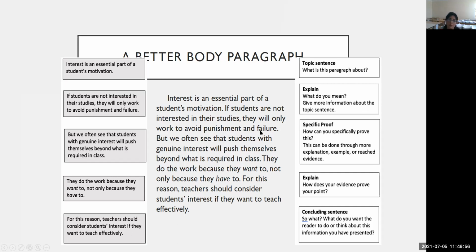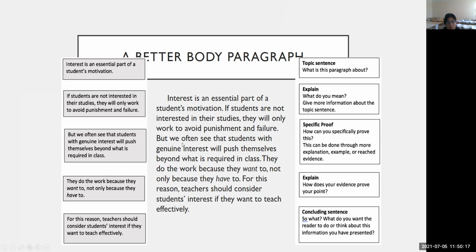Here, we explain our topic sentence. We give more information about the topic sentence. Then in the following sentence, we will give specific proof. How we specifically prove this.